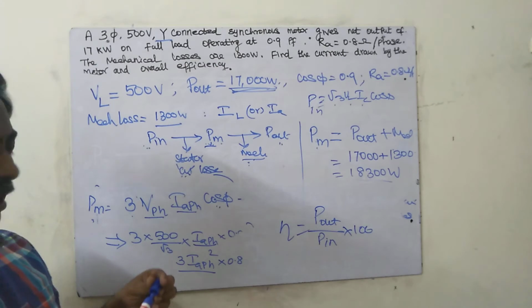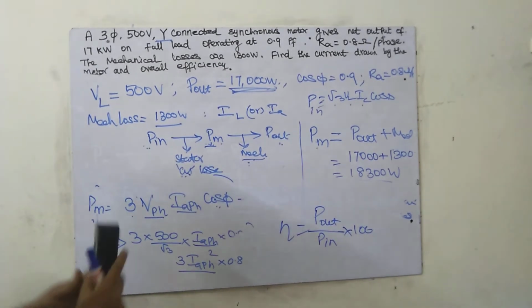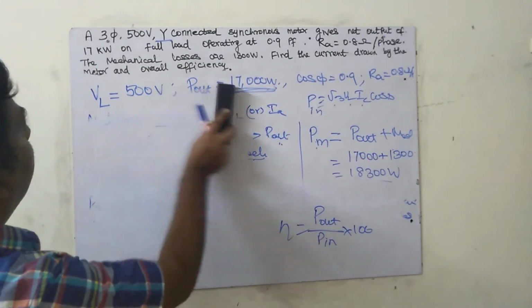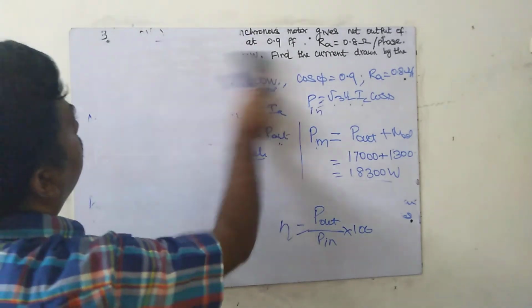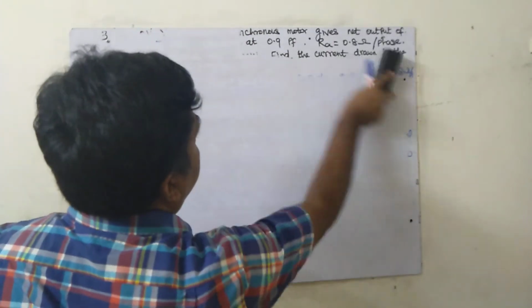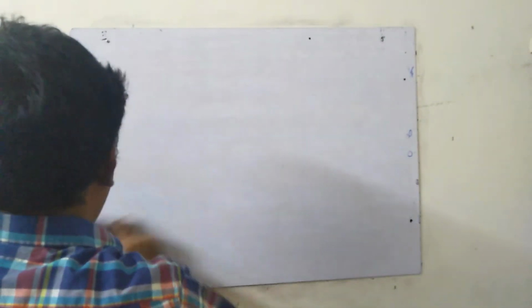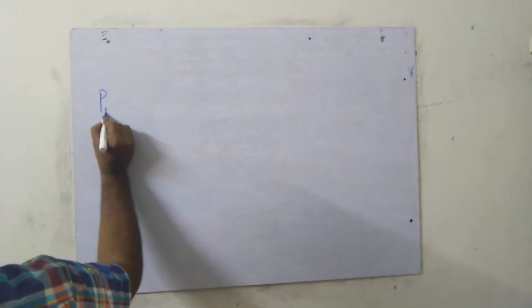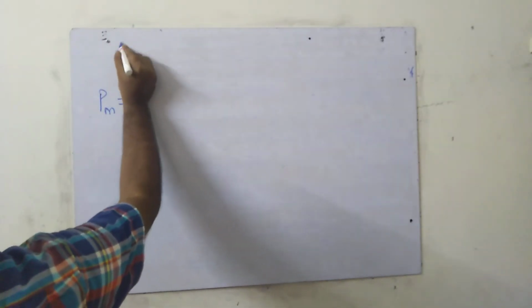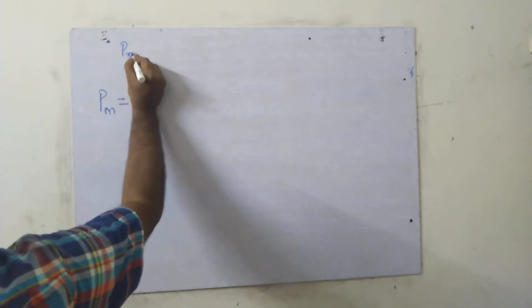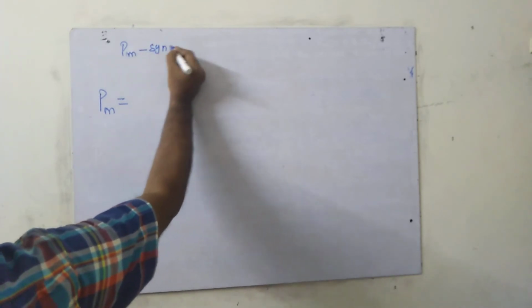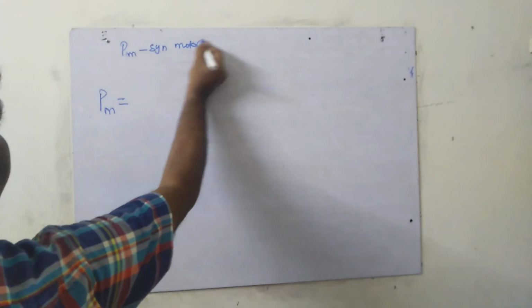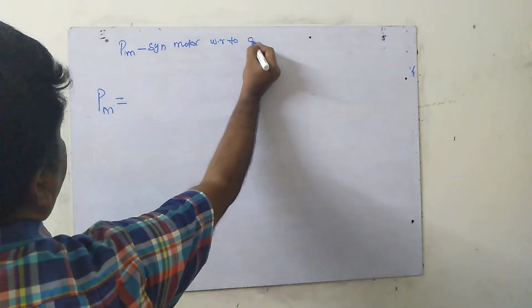Okay, this is the normal approach. We also have a different formula, the same power formula with respect to load angle. Just remember this formula: the gross mechanical power developed in a synchronous motor, with delta meaning power angle.